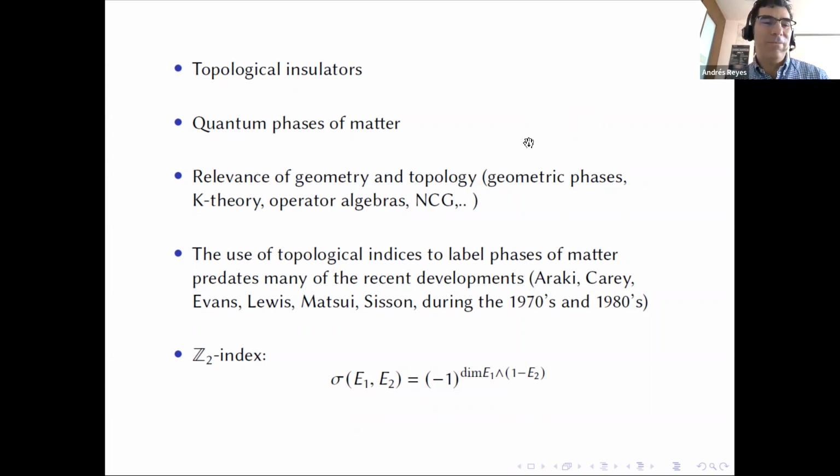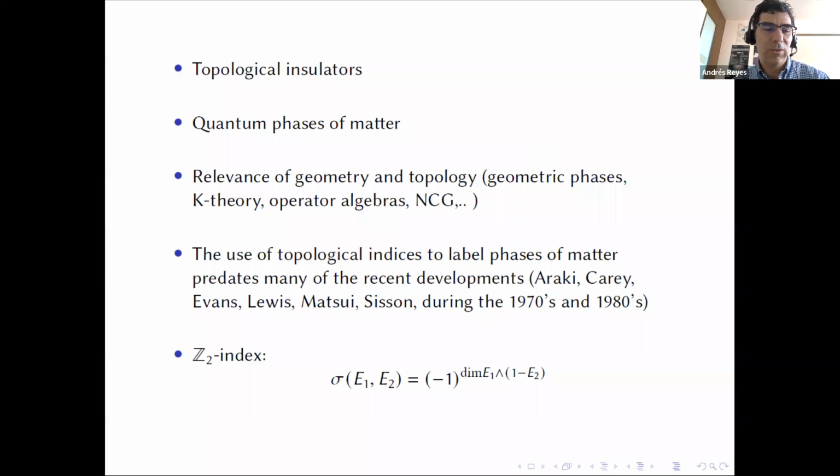Now, when I got interested in this kind of systems, that was like 10 years ago or a little bit more, I started studying spin chains. And at the time, there were certain papers where the quantum phase transitions that some spin chains display were being studied using geometric phases.